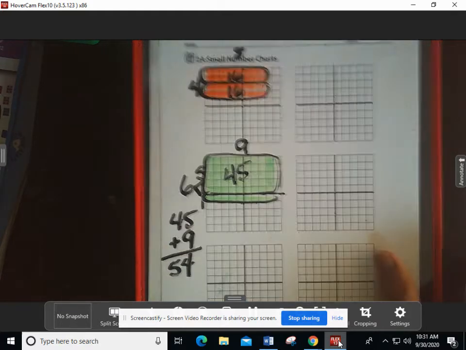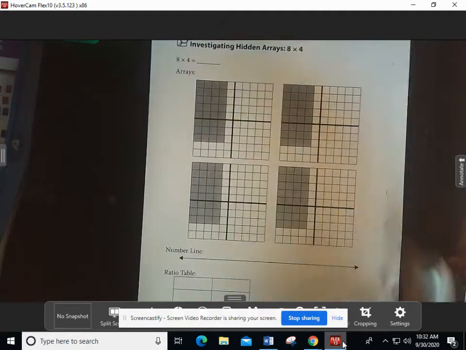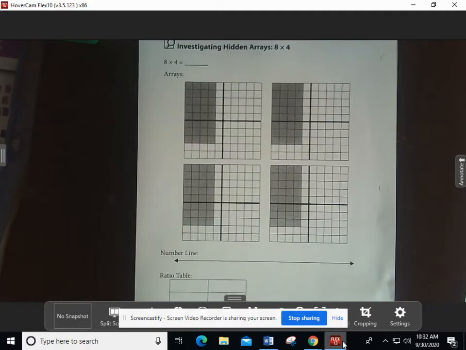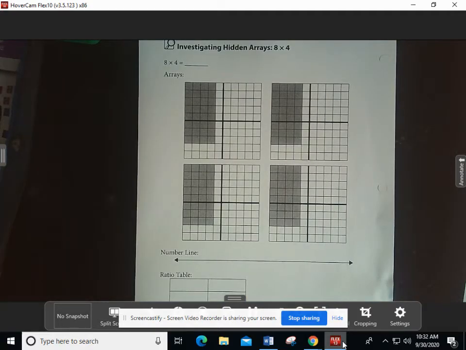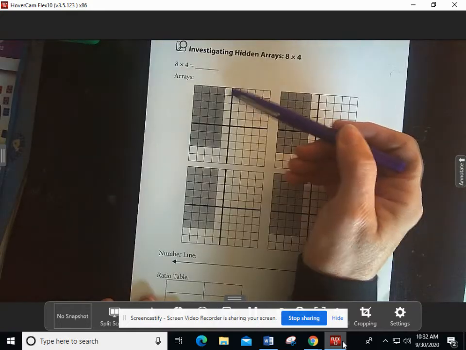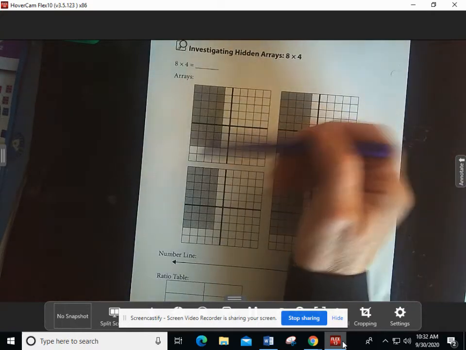Okay, so moving on, we are going to work with strategies for 8 and for 9. Here is our 8. And when we look at this, I had asked you earlier to define what this is, and different people told me this is an array.